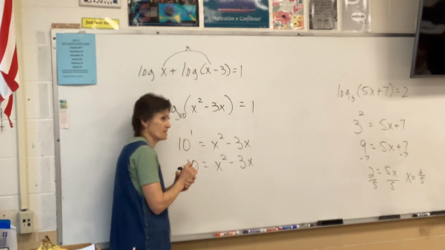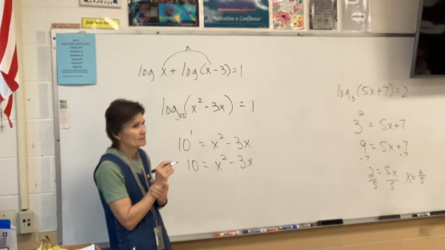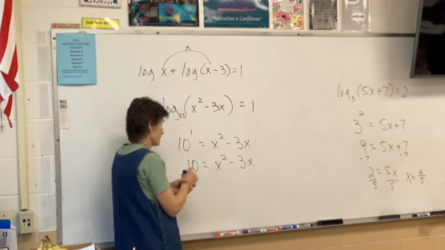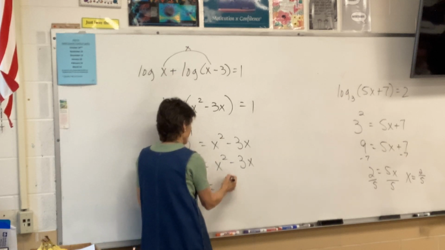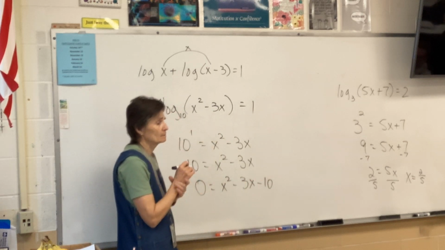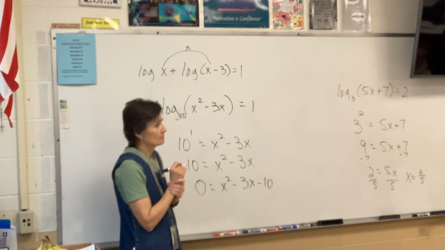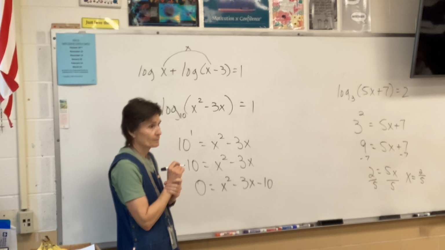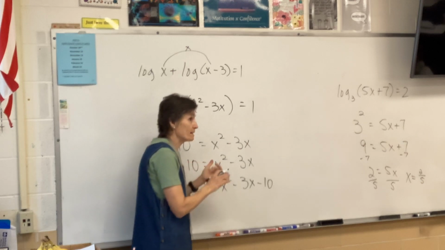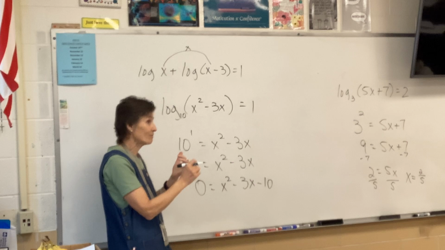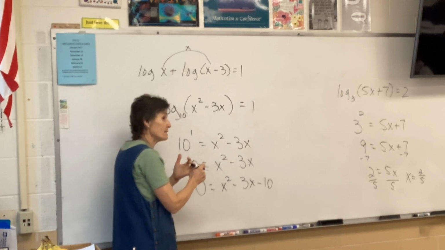How do I solve something like that? Set it equal to 0, so move that 10 over. And then what? Either the quadratic formula, or if you can see that it factors, you can factor it. But either one is fine.